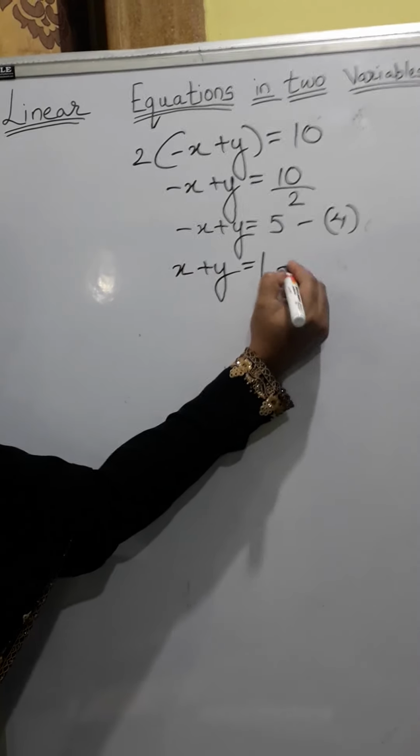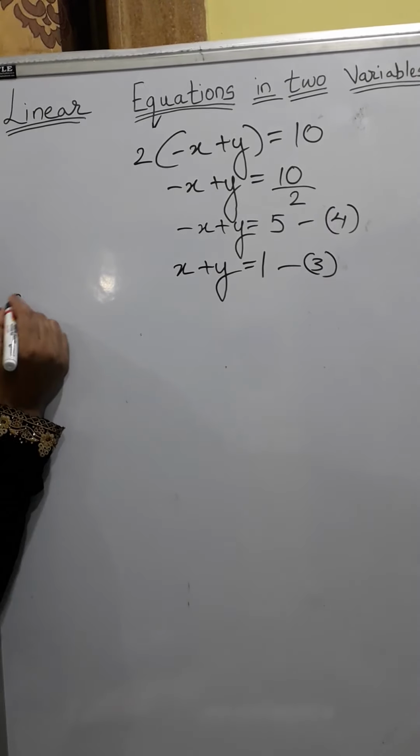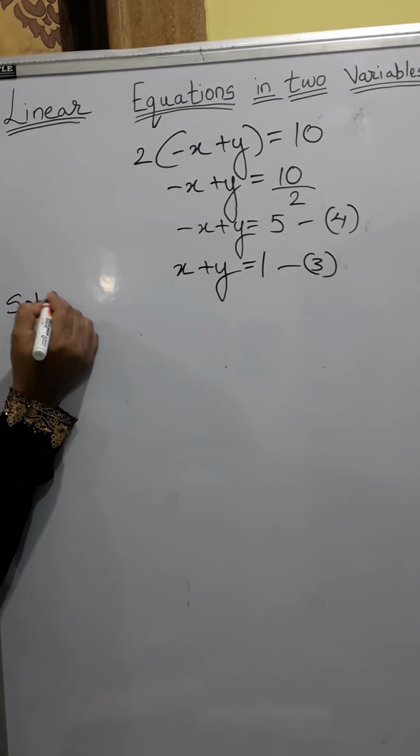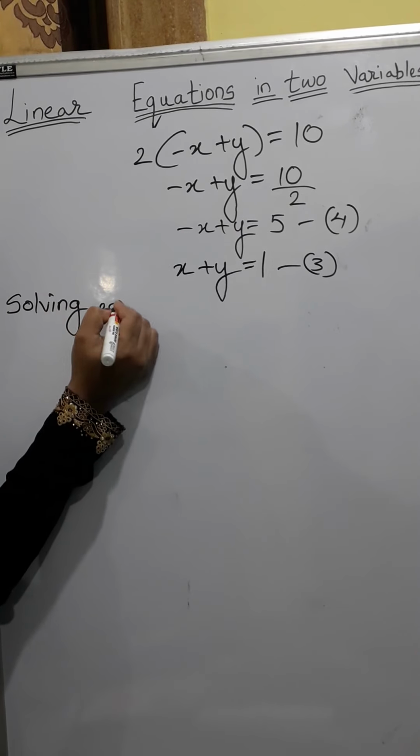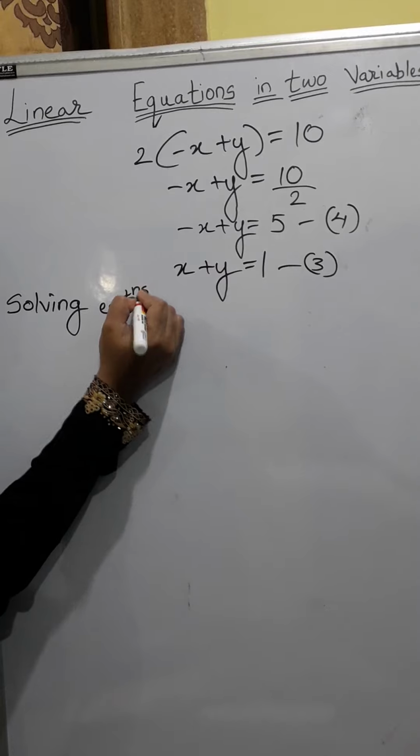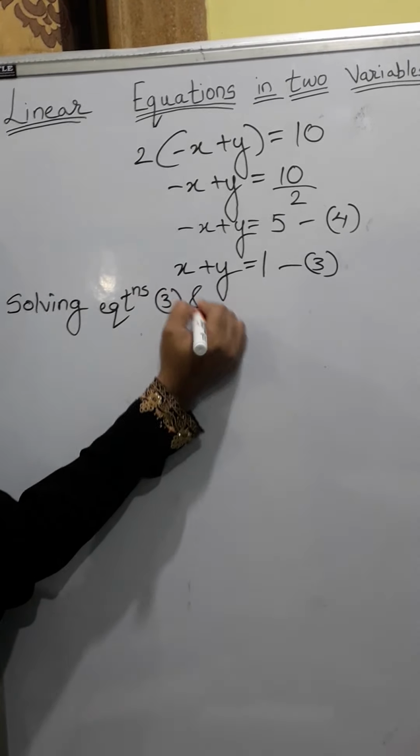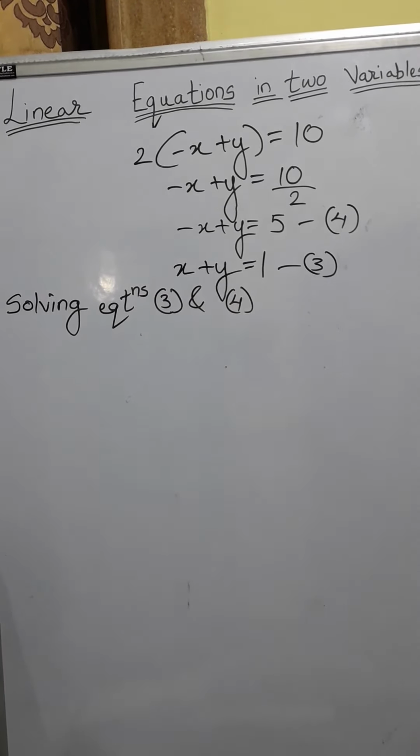So now what we have to do is solve equations 3 and 4 simultaneously. By solving equations 3 and 4 simultaneously, we will get the solution set of the given simultaneous equations. So now how to solve?